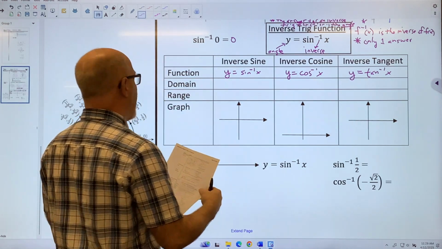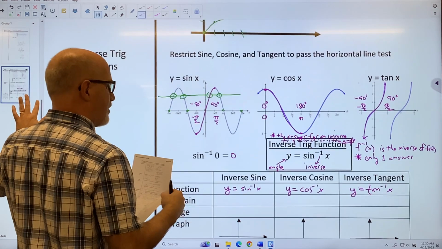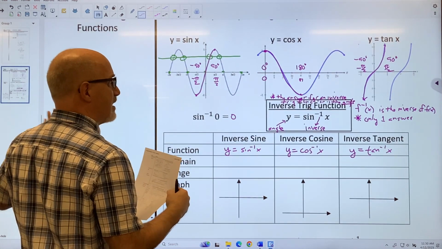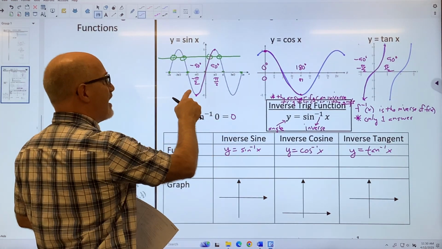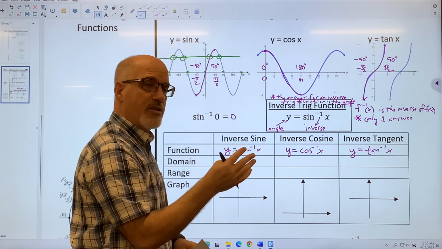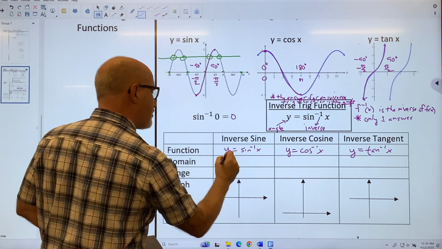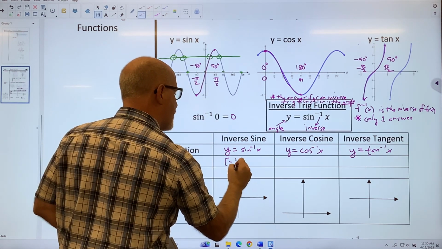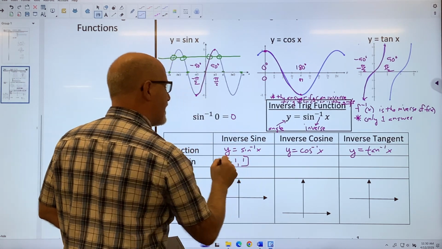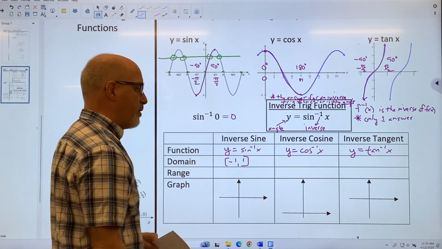So the domain, if you look back at this graph for each of these, let's actually highlight this here. The domain here is going to be what the y's were here, because we flipped the x's and the y's. So the domain will go from -1 to 1. It actually includes those because it has actual points at -1 and 1.